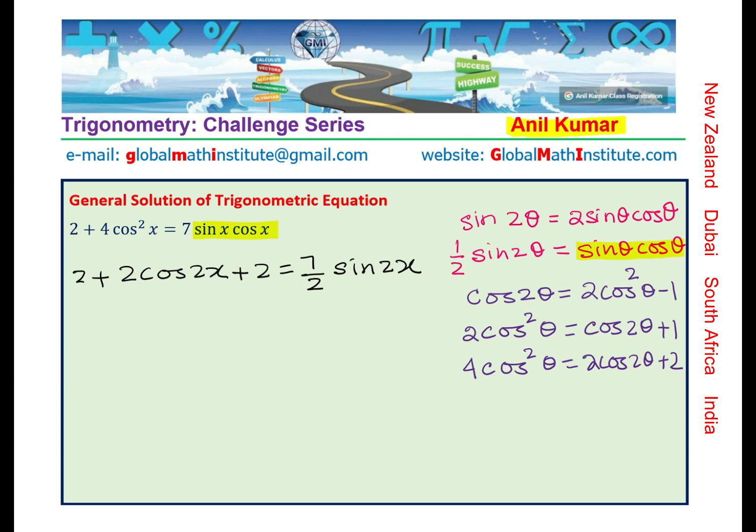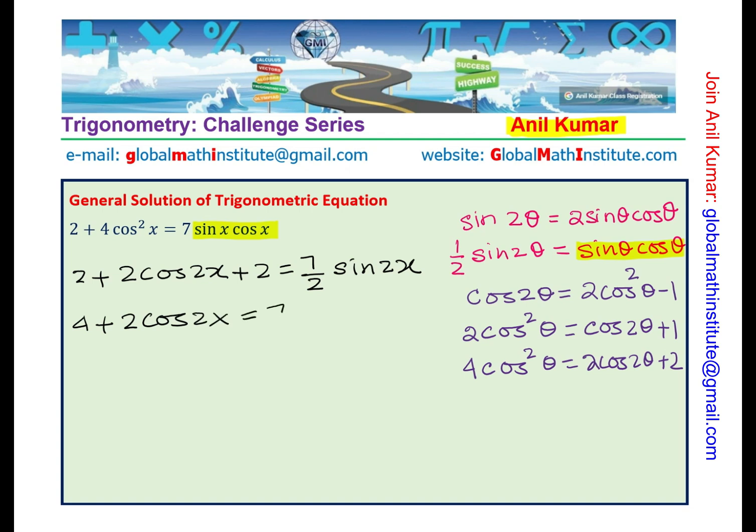Let's rearrange. We can write this as, cross multiply first, we have 4, because 2 plus 2 is 4. Let me rewrite this as 4 plus 2 cos 2x equals 7 over 2 sine 2x.